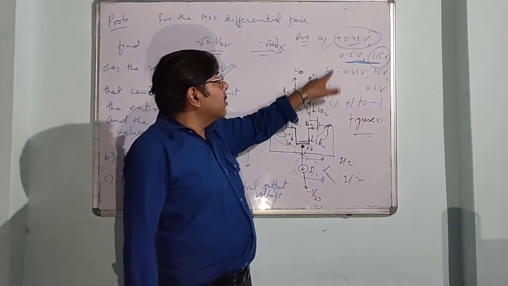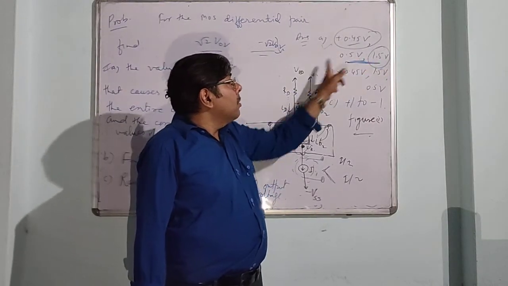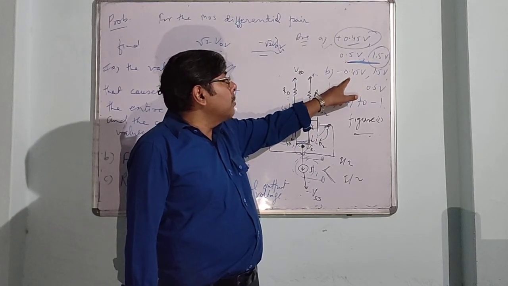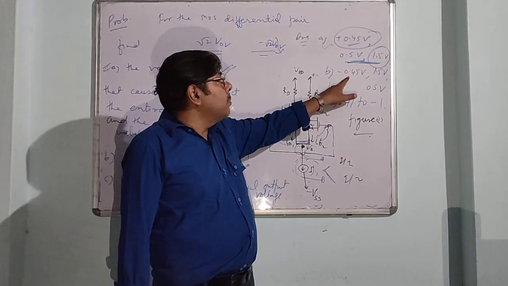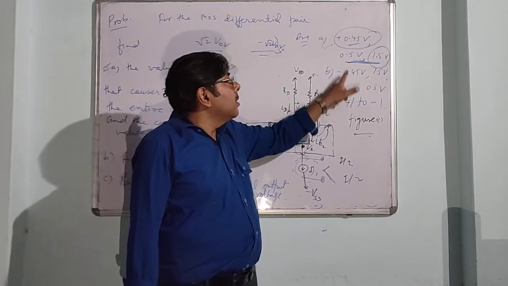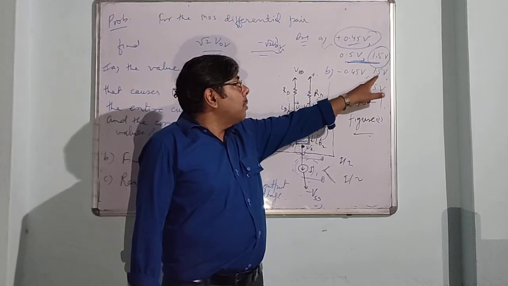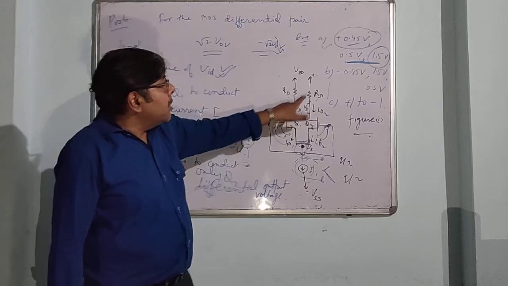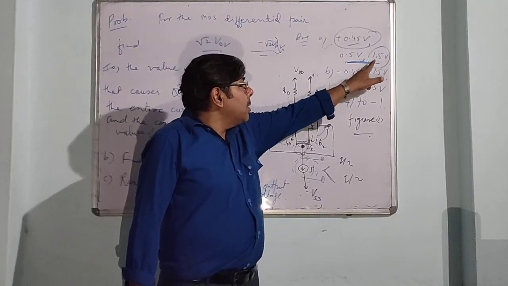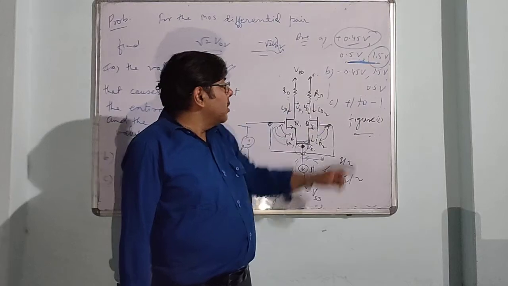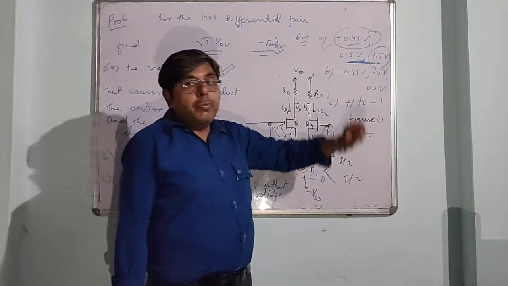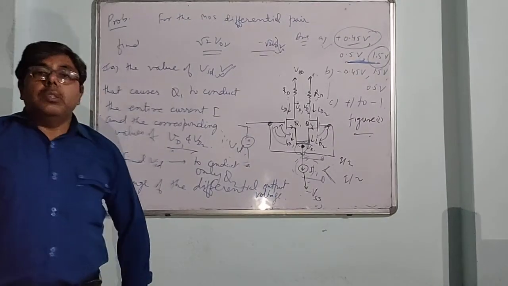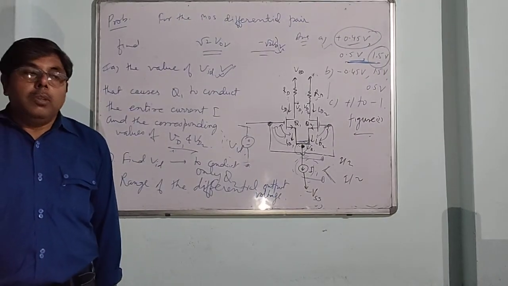So these are two parts, for positive value and for negative value. For 0.45 and minus 0.45, and these are ranges: 0.5, 1.5. So obviously in the first part VD1 is 0.5 and VD2 is 1.5, and in the second part this is opposite. In the first VD1 is 1.5 and VD2 is 0.5. So this is all for today. Thank you.